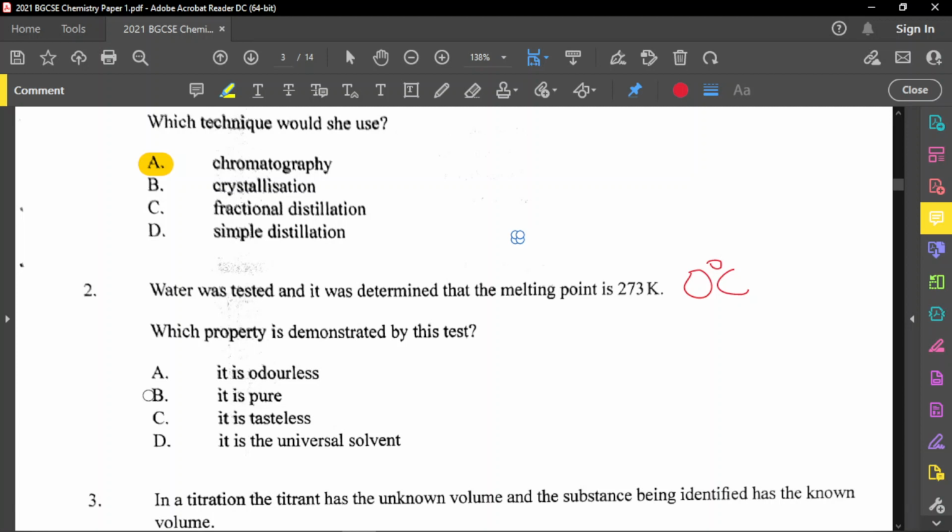So the purity of a substance can be tested using temperature. If the melting point or boiling point increases or decreases, then you know there must be some impurities in it. Tasteless is tested by taste, of course, and a universal solvent is one where many different substances will dissolve in it. So option B is straightforward.